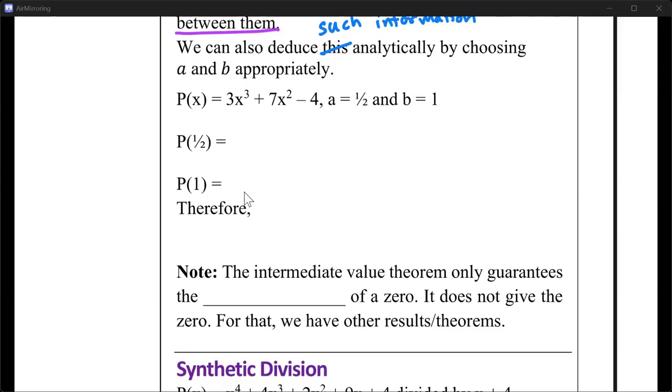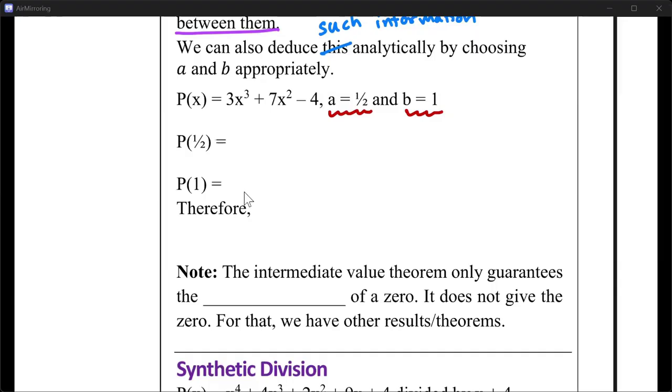You have the analytic equation of the polynomial. In that case, you have to do some hit and trial. You can test with some different values of A and B until you find a value where it is positive and a value where it is negative. Then you know that in between them there is a zero. So let us work out this example here.